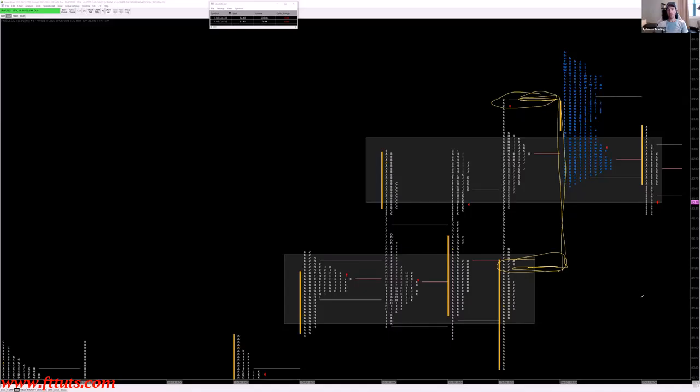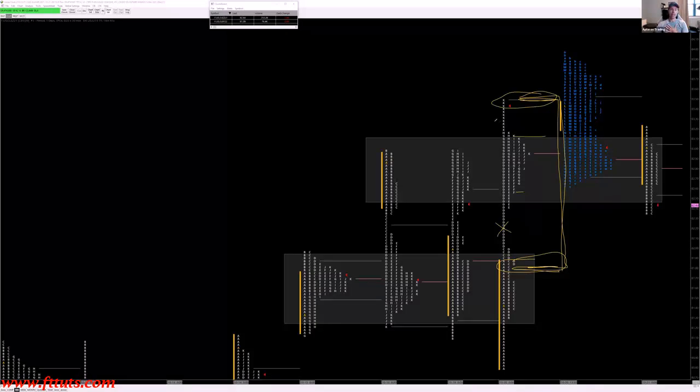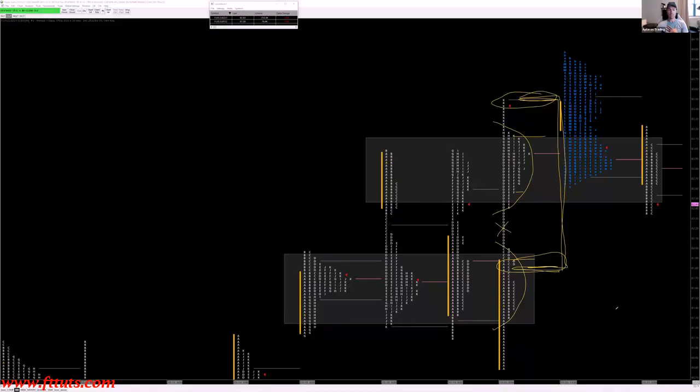No, right? And I don't need to split the profile and get the value area to tell me that. I see this value area, kind of, but you know what I really see? I see this and I see this. And that's why I've drawn these levels on the chart for us to emphasize that.